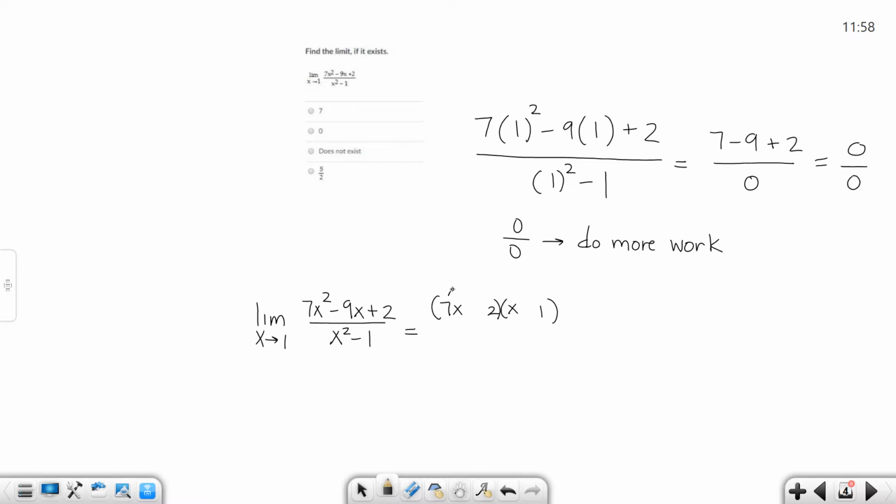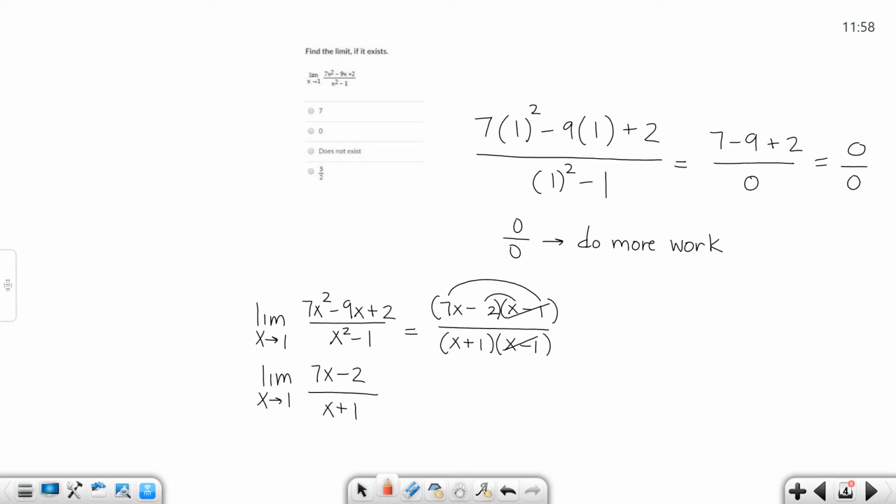When I plug these in, I get a 7x and a 2x. So that would give me a 9x. They're the same sign, both negative. The bottom is the difference of squares, x minus 1 and x plus 1. Your x minus 1s cancel out. So you're going to take the limit as x approaches 1 of 7x minus 2 over x plus 1.